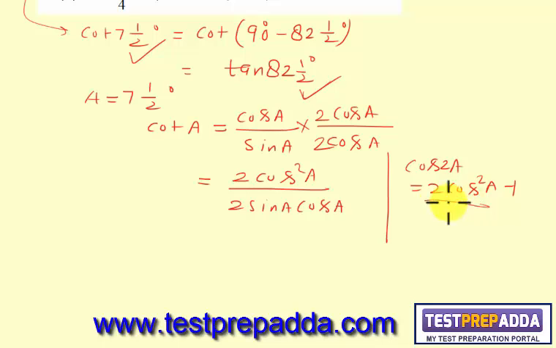So if I ask you what is 2 cos square A, what will you say? Cos 2A plus 1. So I'll substitute here 1 plus cos 2A upon 2 sin A cos A, which is what? Sin 2A.